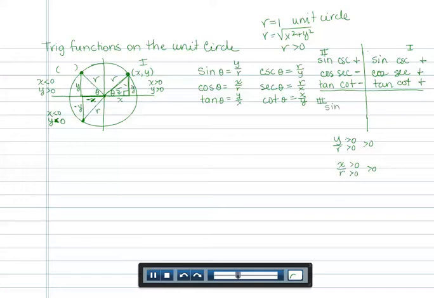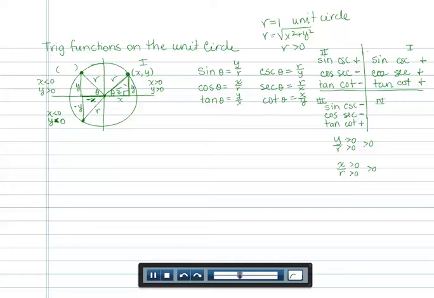Sine is y over r. Y is negative, so the sine is negative, and so is the reciprocal. Cosine is x over r. X is negative in the third quadrant, so the cosine and the secant are negative. Tangent is y over x. Y is negative, x is negative, so the ratio is positive.